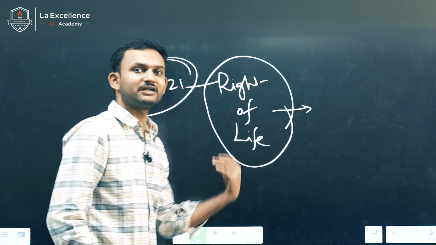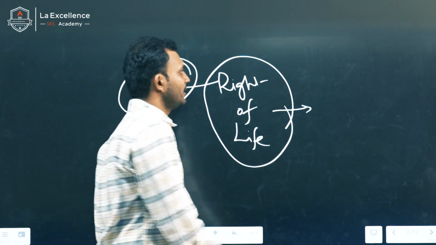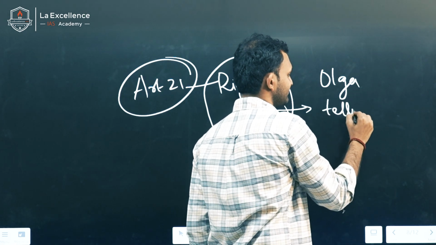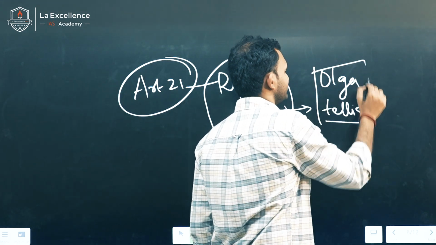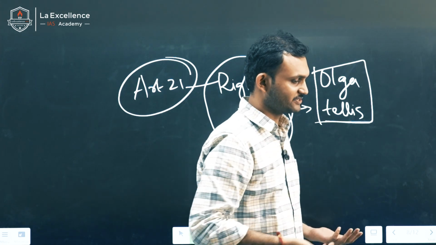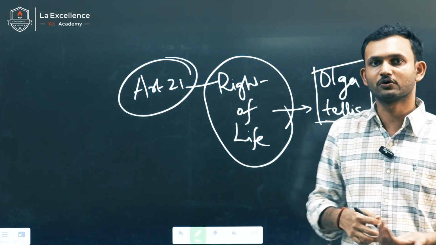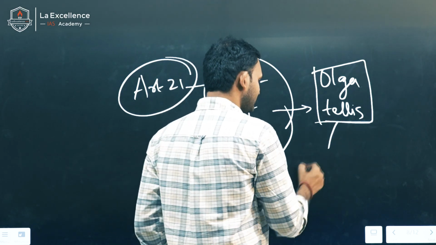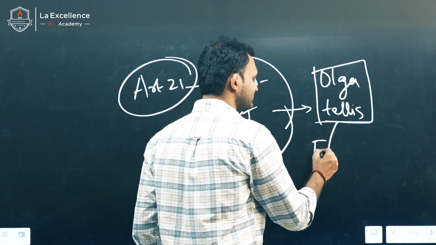But the same Article 21 is used in Olga Tellis's case, that even someone who is a trespasser, you can't take away the right of people who are living on the footpath as well.